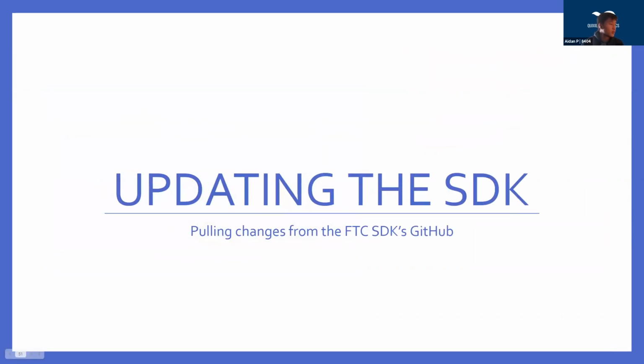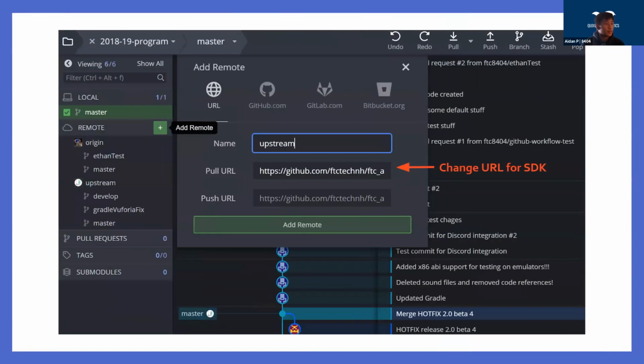So updating the SDK. Okay, so if you go to the left side, right, you have to create remotes so that your code has access to different repos, right? So first you have to go to the branch. Click on the plus.